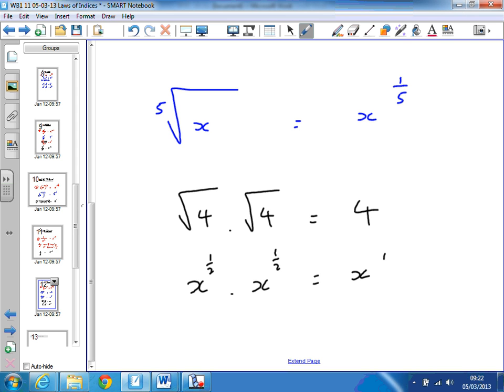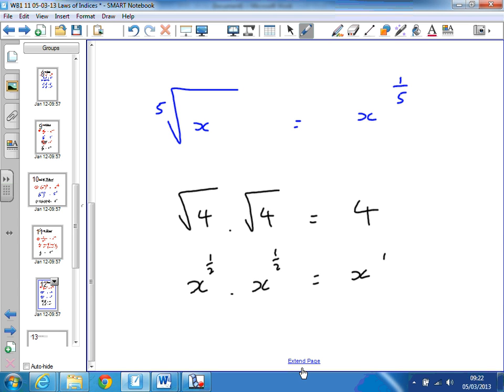Add the powers. A half plus a half is 1. If you compare these two, they are the same number, effectively. So in other words, a half must represent the root. And that's how it works.